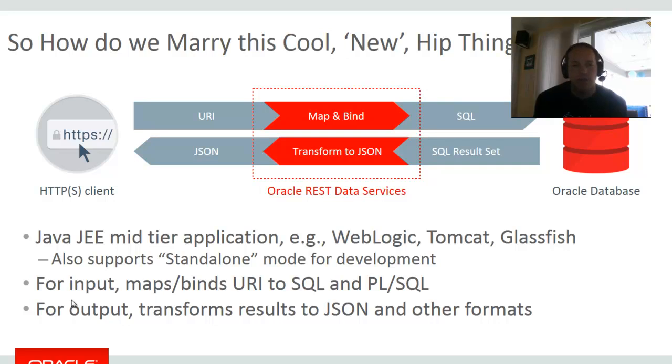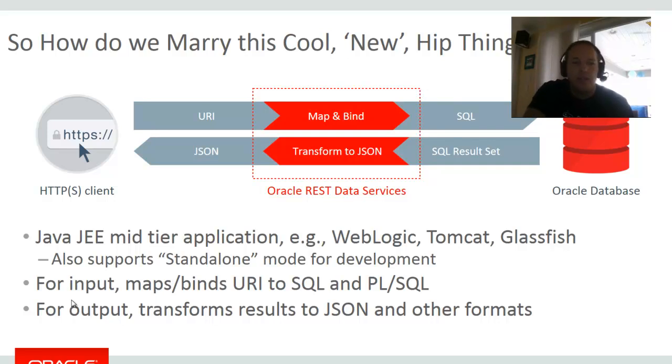But basically what's happening is at some point the web server, or ORDS, if it's acting as the web server, is going to receive your request, your get, your put, your post, your delete, to the URI /ords/HR/employees/101.